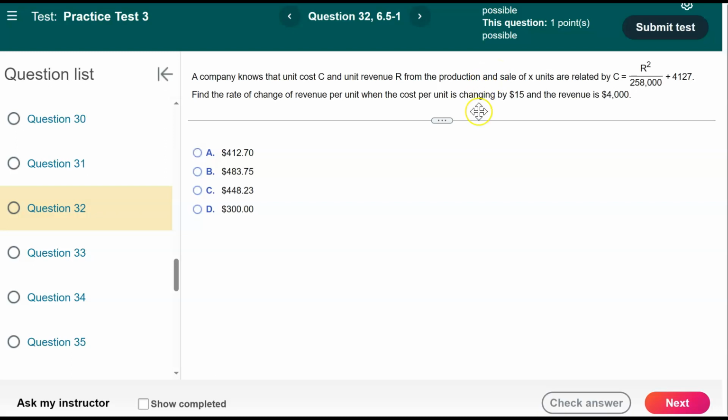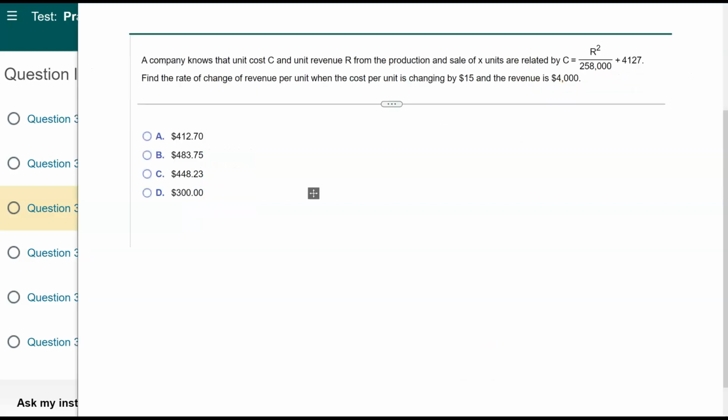So to solve this, we are going to get the derivative of both sides of the equation here with respect to x. All right, so we start by differentiating C with respect to x. So the derivative of C with respect to x is just dC/dx is equal to the derivative here, d/dx of R squared over 258,000 plus 4127.